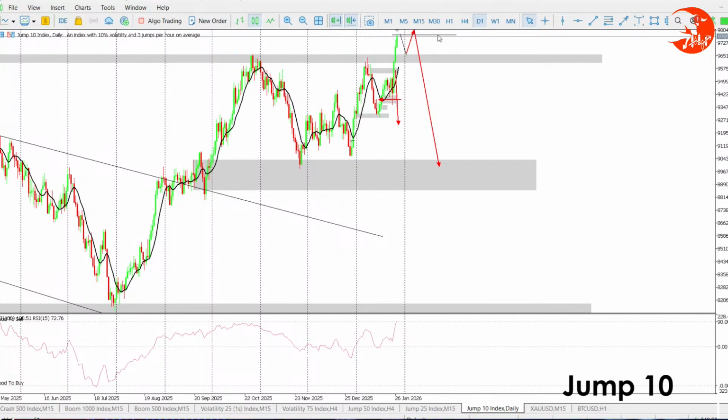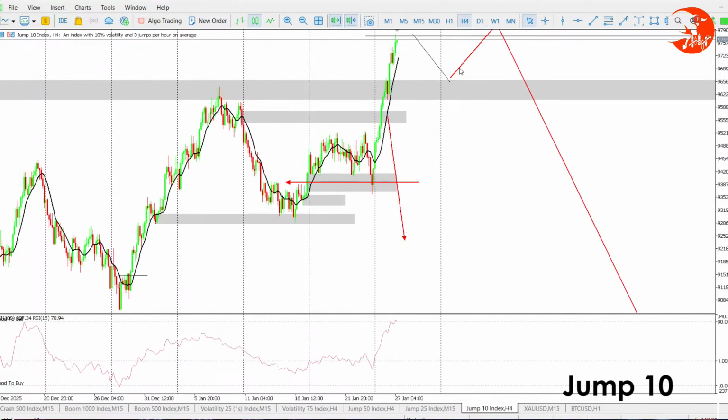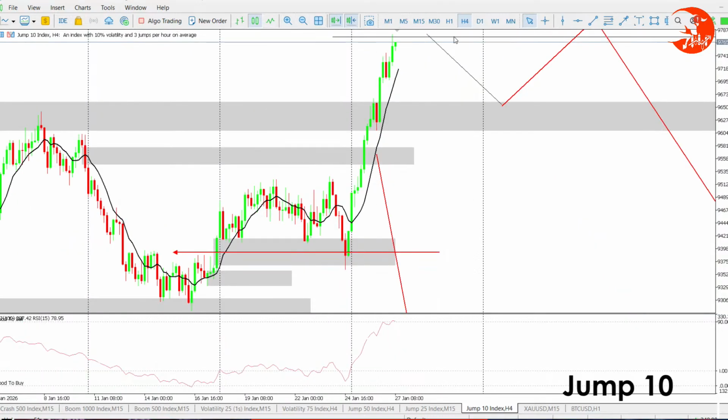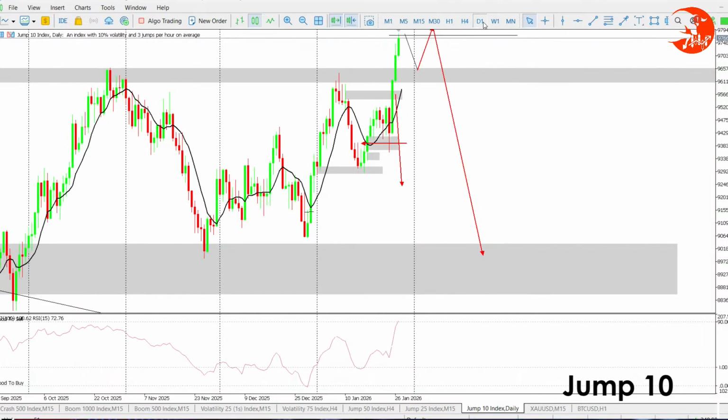Now remember, price action is the language of the market. So once you understand what price is doing, then you know how to work with it. So right about now, H4 is oversold, daily time frame is overbought.